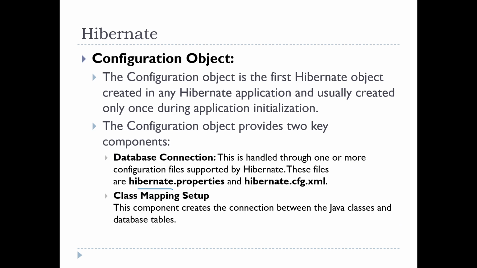These files are hibernate.properties and hibernate.cfg.xml, which is configuration XML. And in the class mapping, we will be mapping the class to the table. So Hibernate will read this mapping, and then it will know that this table maps to which class, and so on.